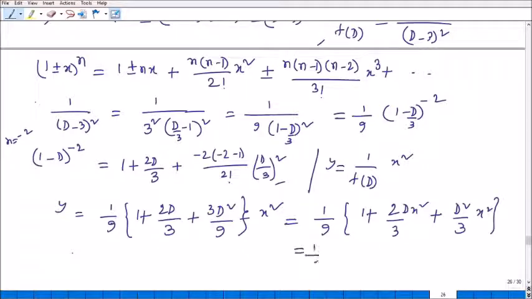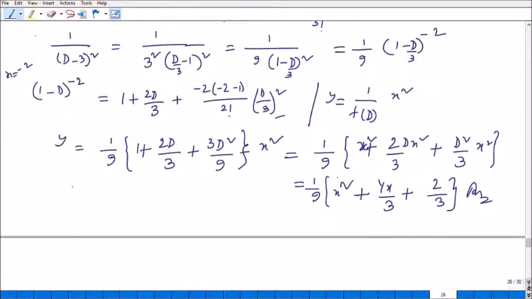The derivative of x square is 2x, that means 4x by 3, plus the double derivative of x square, which gives 2 by 3. So this is the particular solution of this differential equation using the series expansion technique.